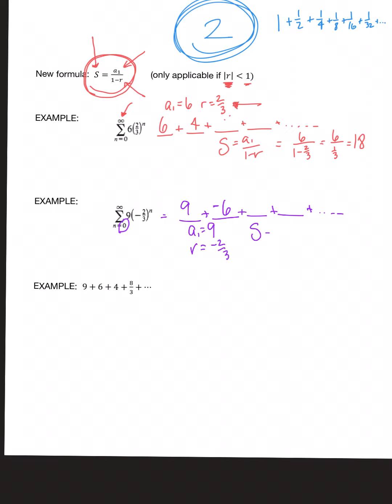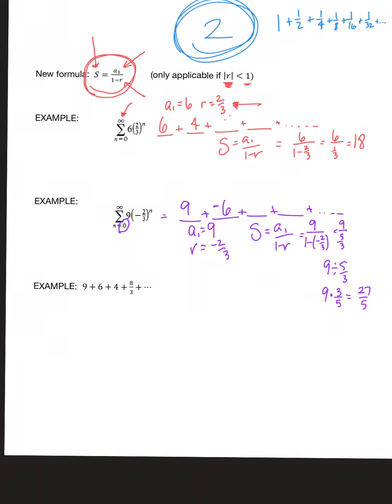When I use the formula, all I need is the first term and the ratio. First term is 9, and 1 minus -2/3 gives me 9 over 5/3. 9 divided by 5/3 is the same as 9 times 3/5, which equals 27/5.